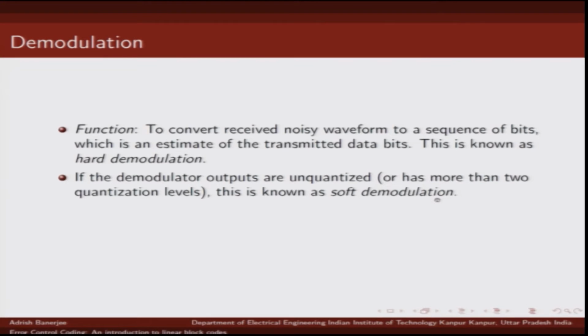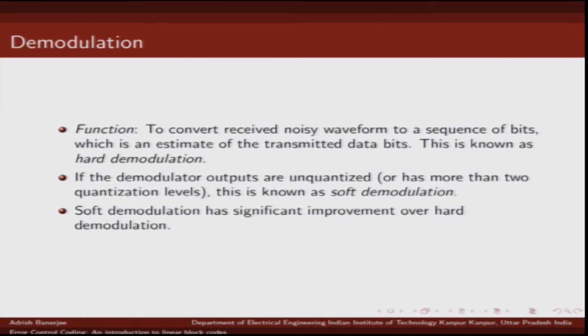In soft demodulation we would not just map 0.01 to 0, we will say it is 0 with probability 0.51 or 1 with probability 0.49, just as an example. So, we lose some information when we go for hard demodulation.